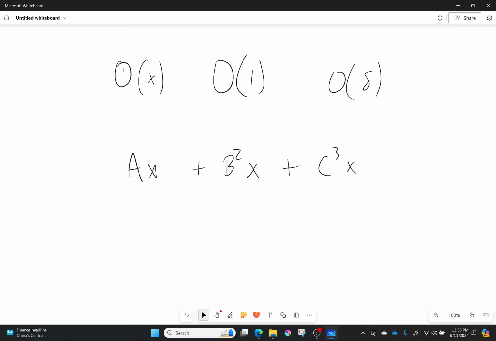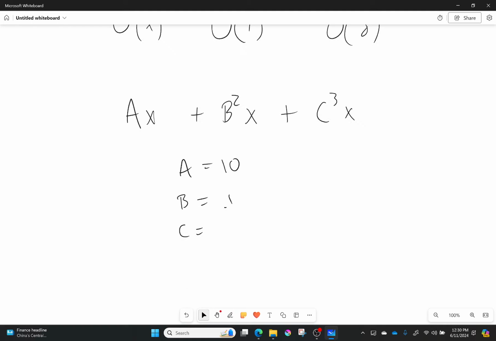We don't know what A, B, or C are. But if I told you that A was 10, and B was 0.1, and C was equal to 0.01, you would quickly realize this function is a function of x.